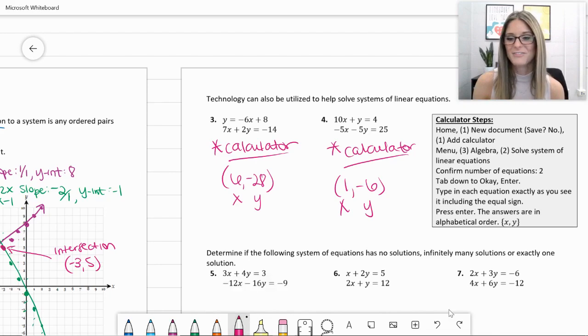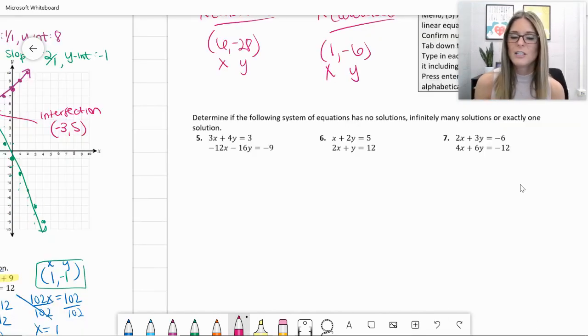Enjoy that feature. The last part here is determining whether the linear system has no solutions, infinitely many solutions, or one solution. So I'm going to utilize the calculator again to do this. Instead of having to solve and find out or manipulate my equations to find out, I'm going to use the calculator.